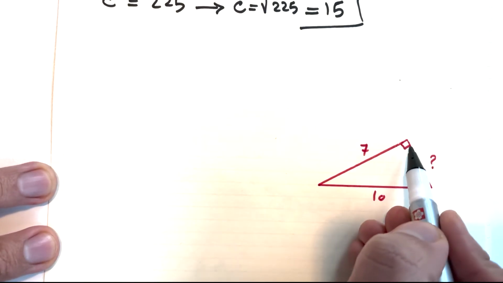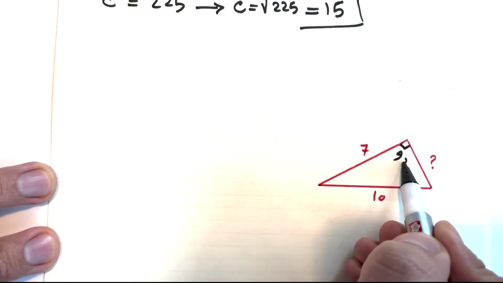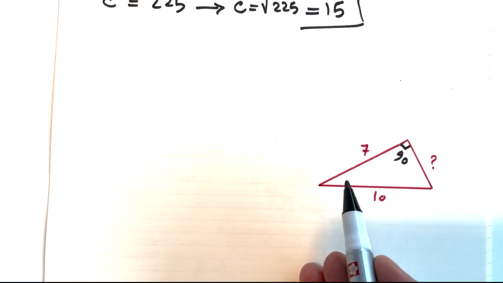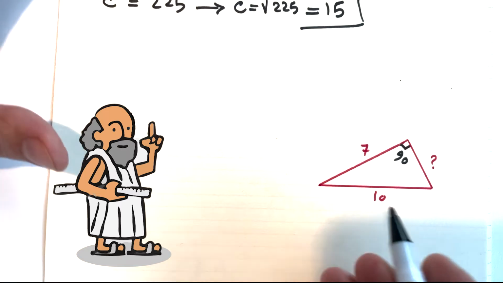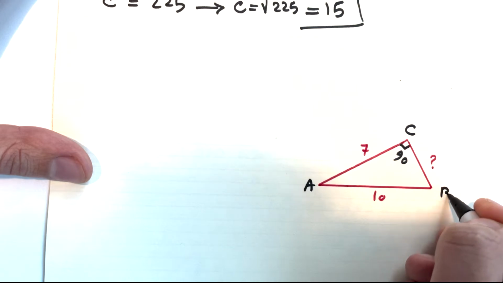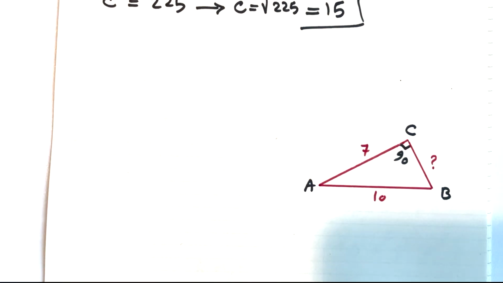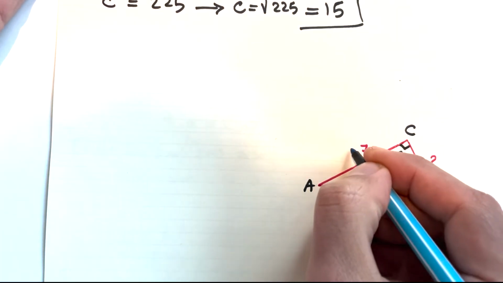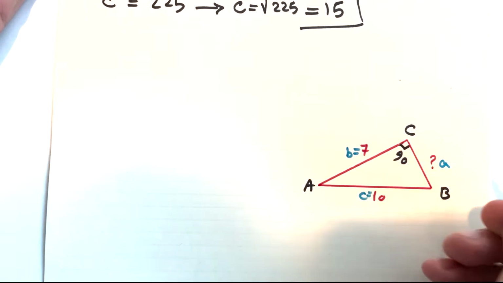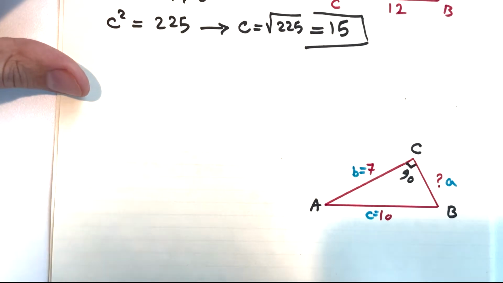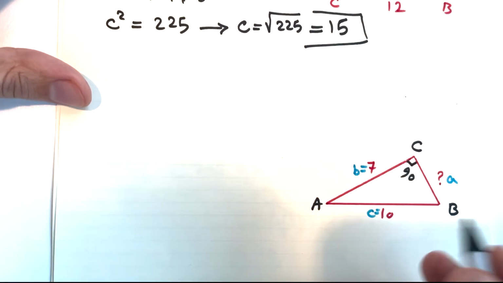First of all, I know that this angle is 90 degrees. Therefore, this is a right triangle, which means now I can use the Pythagorean theorem. So if I name this triangle as A, C, B, this is C, this is B, and we are going to find the value of A. Based on the Pythagorean theorem, this is the longest side.